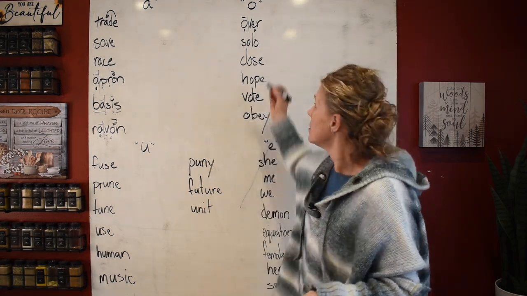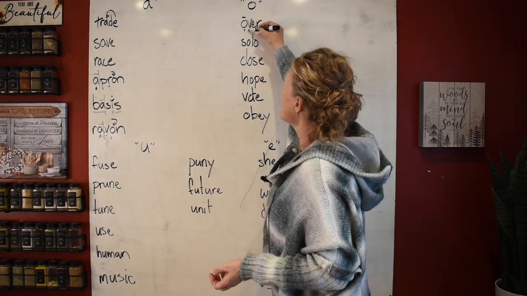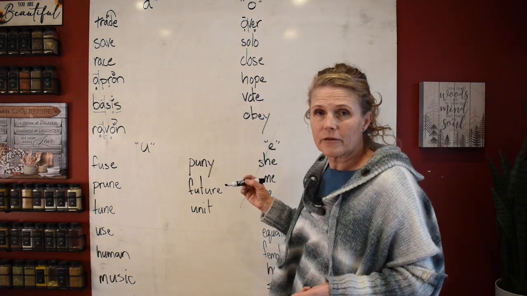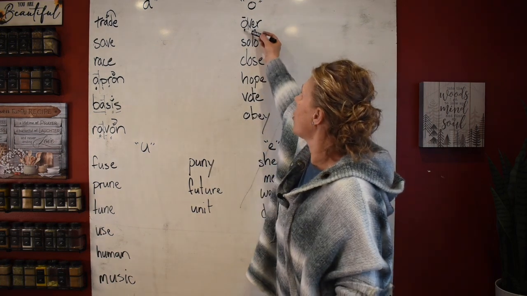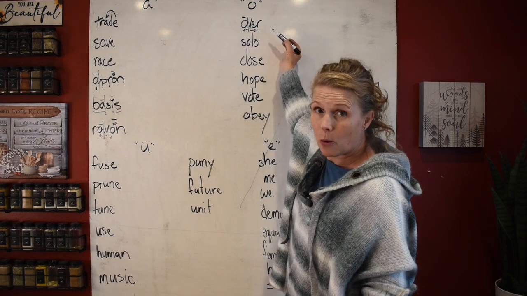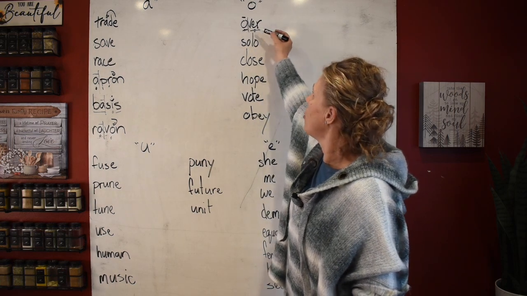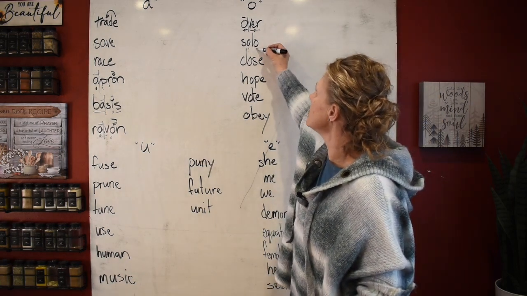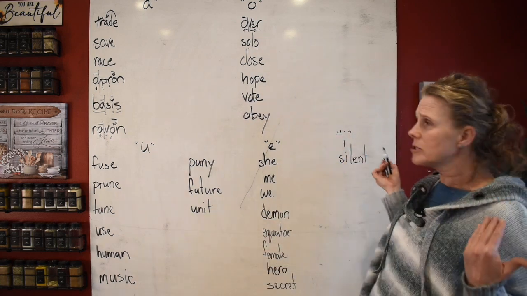Say O. Look, it's an O. There's nothing here that's blocking it off. Say O. So it's saying O and then ver. This is an open syllable and this is a vowel R syllable. Over. Same here. Look, two vowels, one in the middle. It pulls to the end.